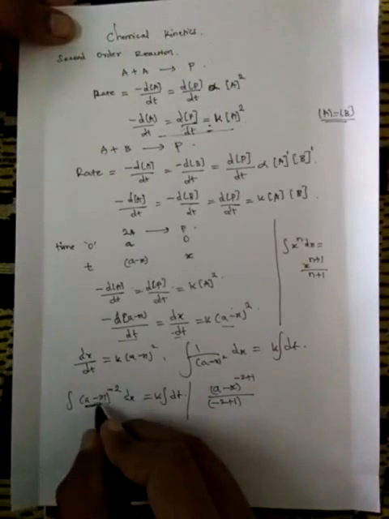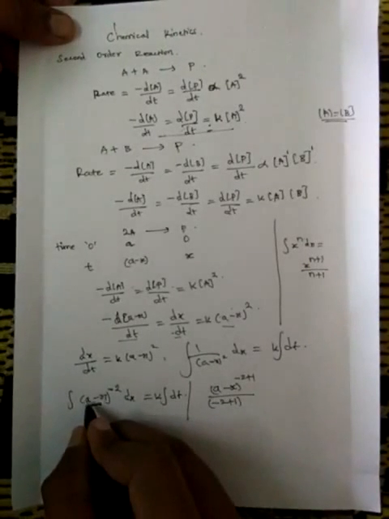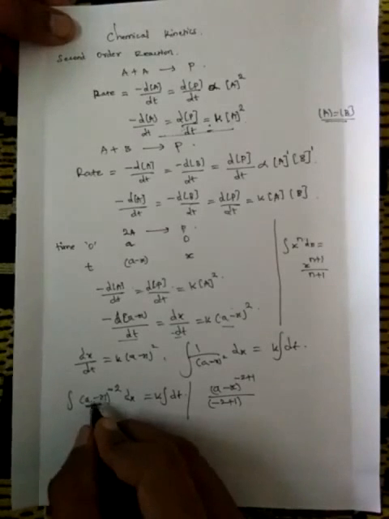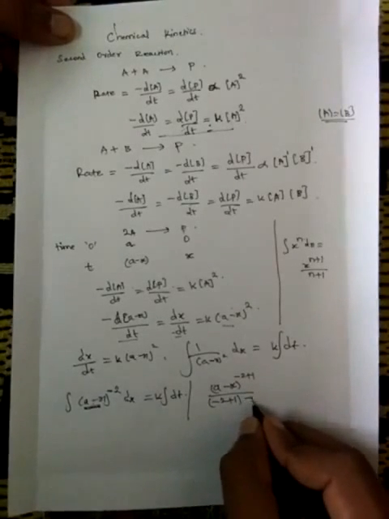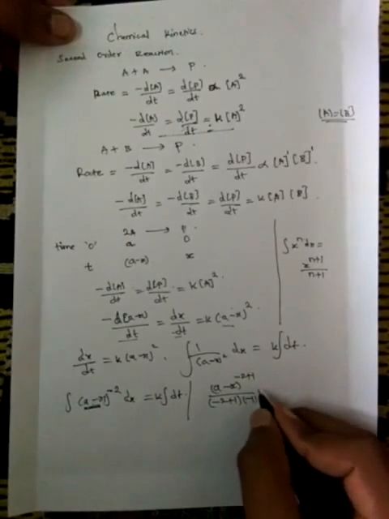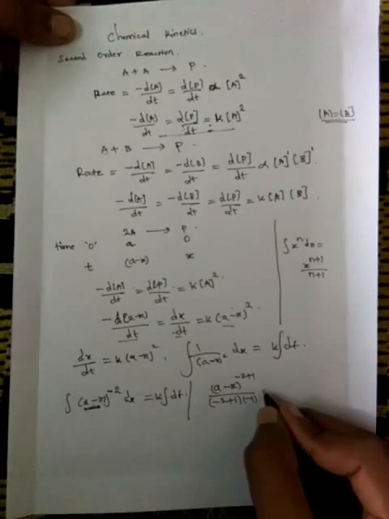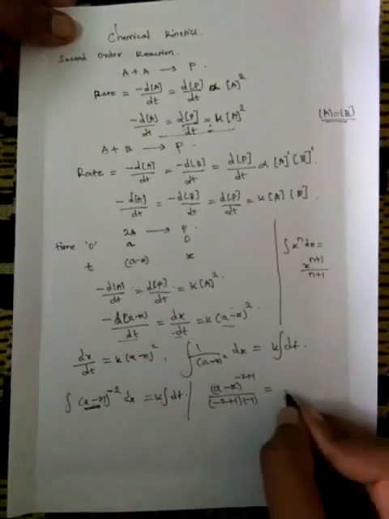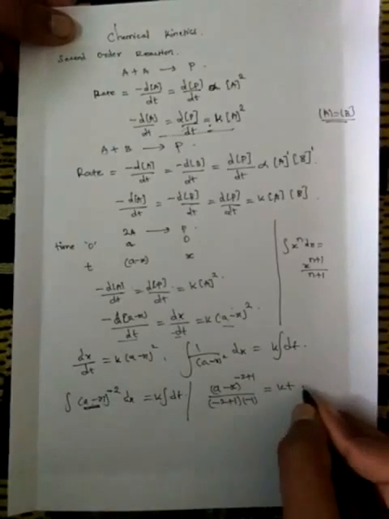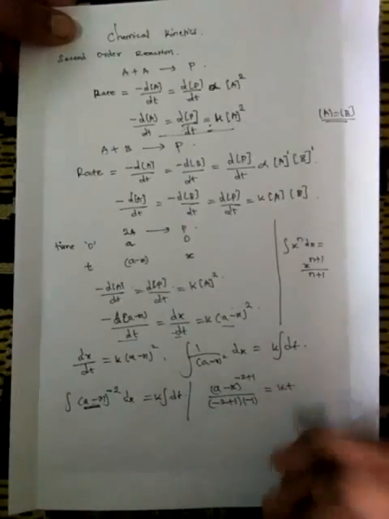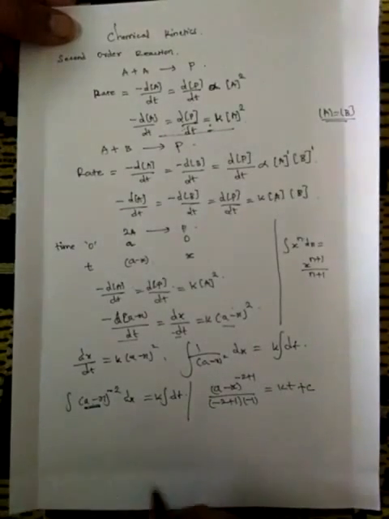If you differentiate with respect to X, A is the initial concentration, so the constant becomes 0, and minus X is minus 1. So I'll write minus 1. Okay, that's all. You'll have some integration constant, then K, if you integrate dt becomes t. Here also you'll have an integration constant. So for the two constants, I'll write one constant over here.